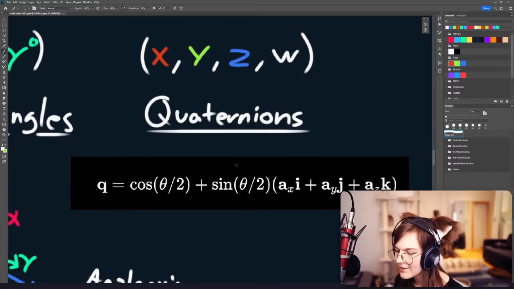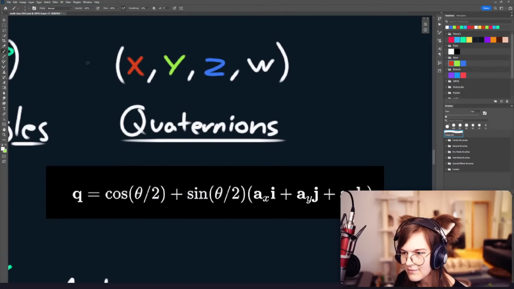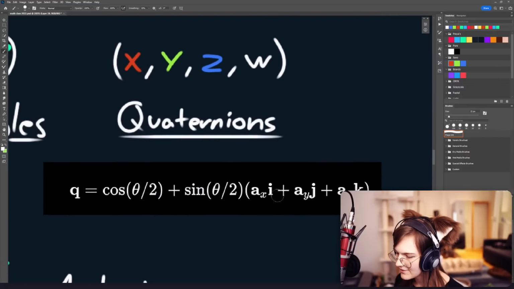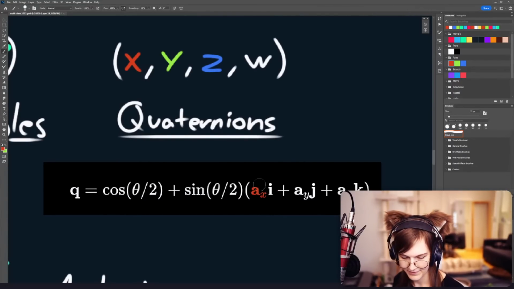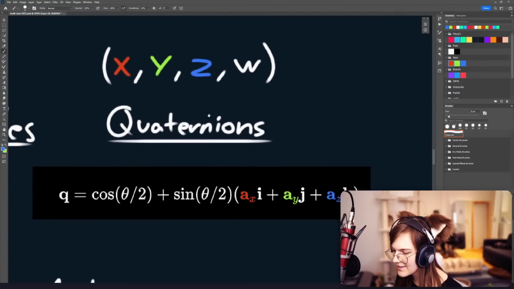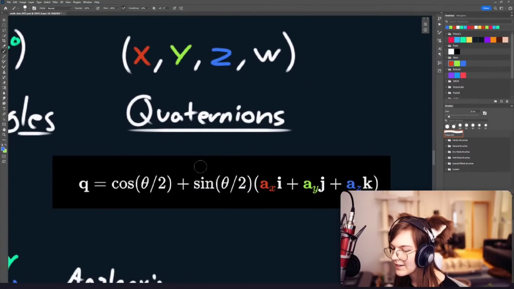And so these kind of correspond to the different components here that you have. So this here is the x value, and this is the y value, and this is the z value up here. So the x, y, z are these three numbers multiplied by sine of the angle divided by 2.